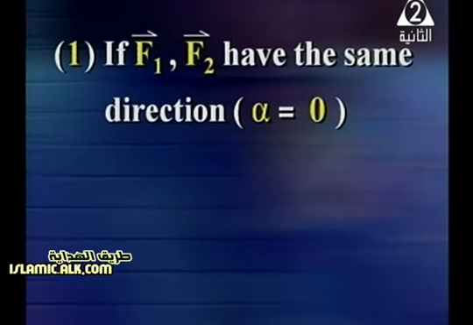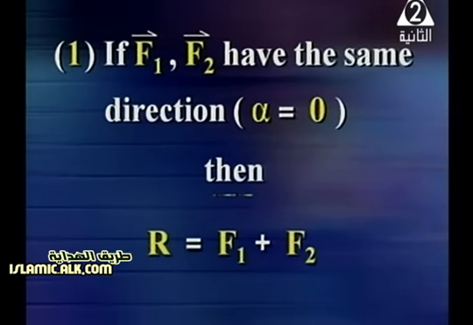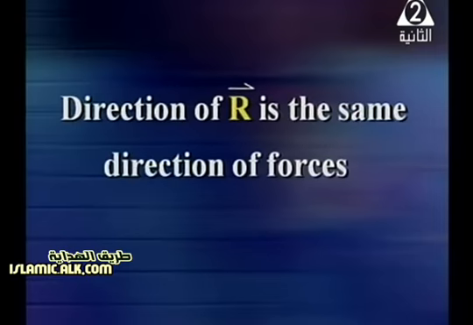What do you mean? The angle between them equals 0. What do you deduce, dear student? R equals F1 plus F2. Then when the angle alpha between them equals 0, or they are in the same direction, the resultant equals the sum of the 2 forces, and its direction is the same direction as the 2 forces. Remember, if we have 2 forces in the same direction, the resultant equals the sum of the 2 forces.